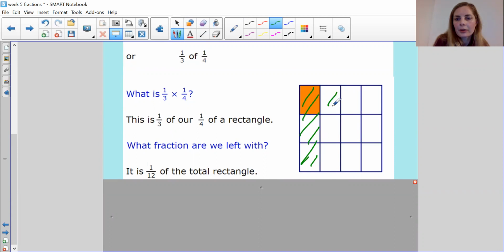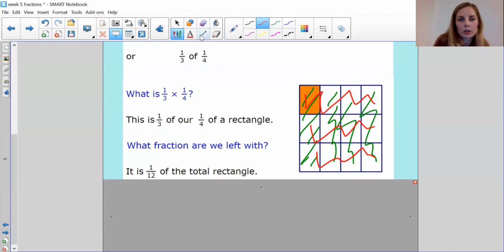There would be my other quarter. There is my other quarter. There are my 4 quarters that I have. And now I'm taking the same shape and I'm dividing it up into thirds. So there's my third, and there is my third. And so where these two overlap, can you see the green and the red both overlap in just this square only?